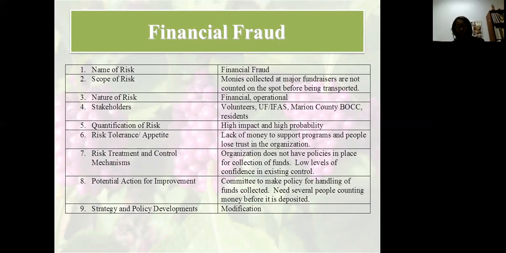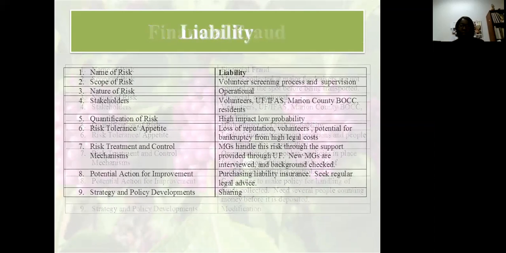Well, since we've implemented the risk management plan, we have several people counting and recounting the money so that there's not just one person in charge of the money when we collect it for plant sales. And then we also put checks and balances in place for when the bank statements come in. We have a master gardener who looks at those bank statements before it goes to the treasurer.